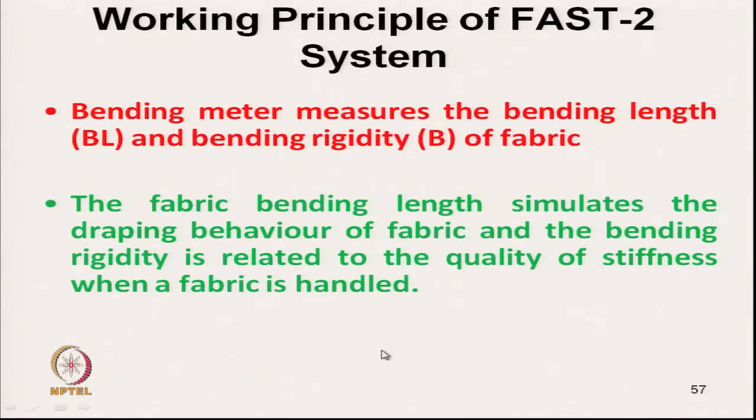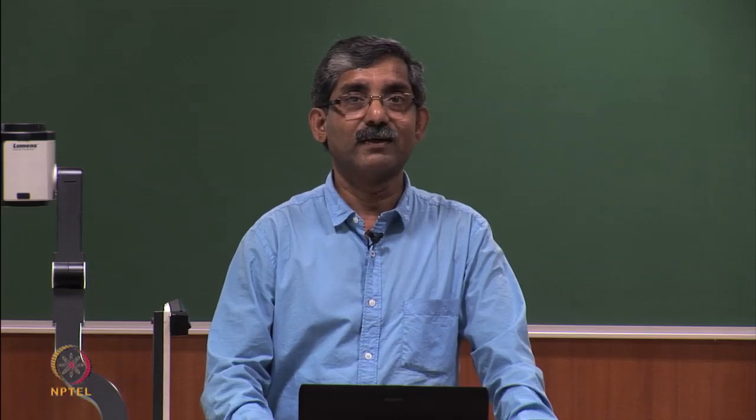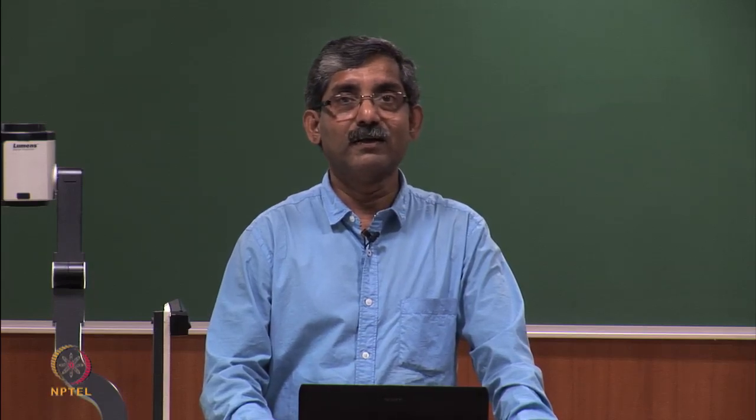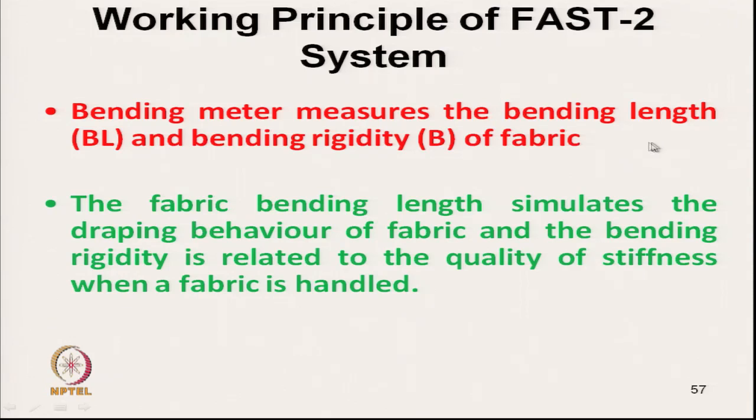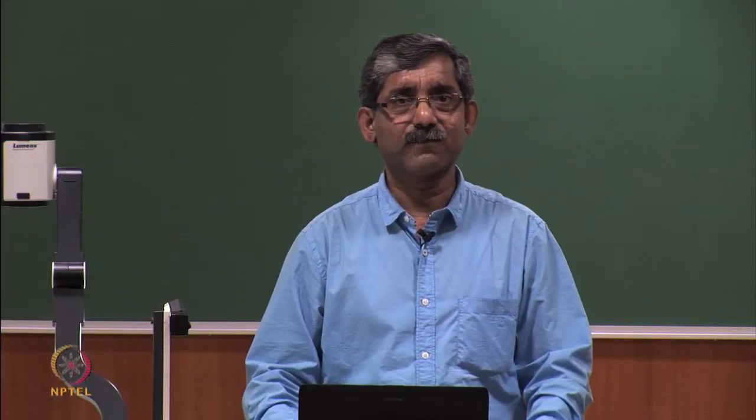And the next method, the first two methods, which is the bending meter. The bending meter measures the bending length and bending rigidity of fabric. The bending length and bending rigidity are exactly the same as in the Shirley stiffness tester.